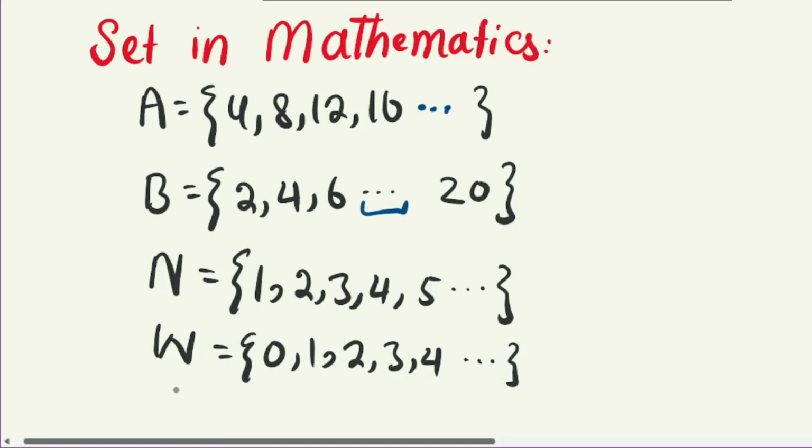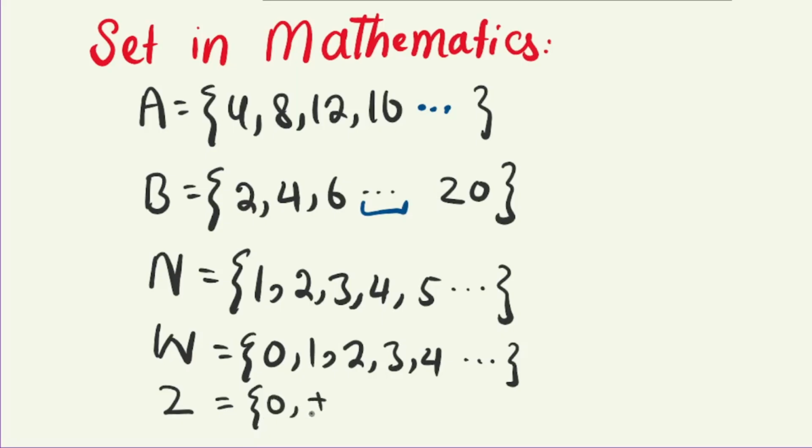The set of integers is represented by Z, and it contains the elements 0, plus or minus 1, plus or minus 2, plus or minus 3, plus or minus 4, and so on up to unlimited numbers. So these are the common sets that we will use in further lessons.